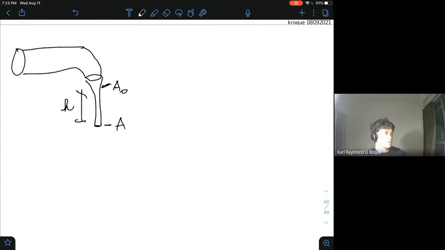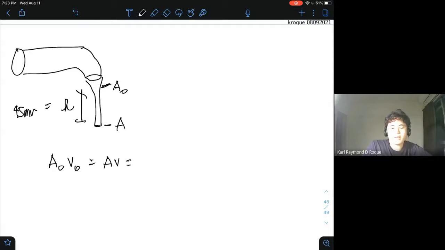Ngayon, meron daw height of separation na 45 millimeters. What's the volume flow rate from the top? Paano kaya yan? What do we know? We know that A naught V naught equals AV equals dV over dt.